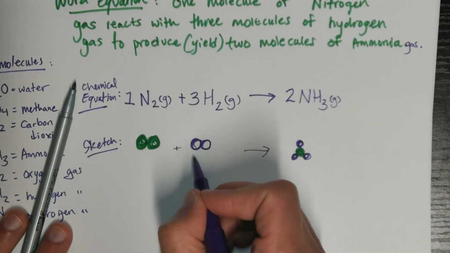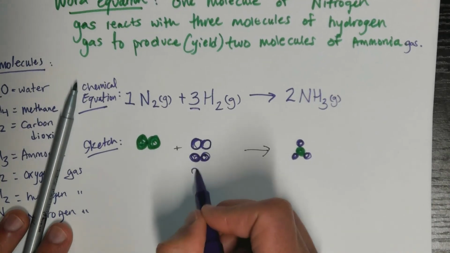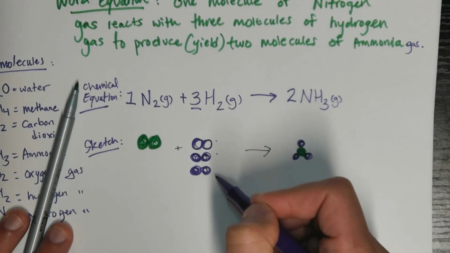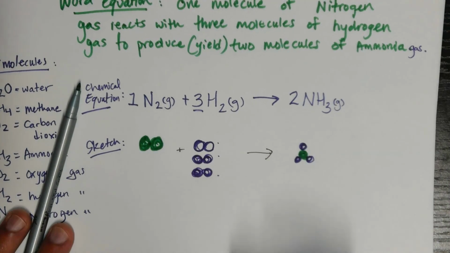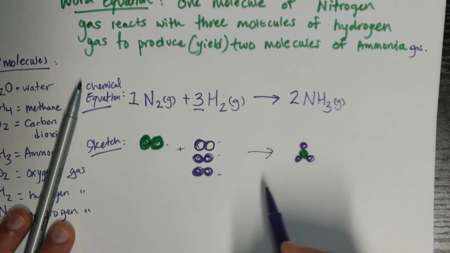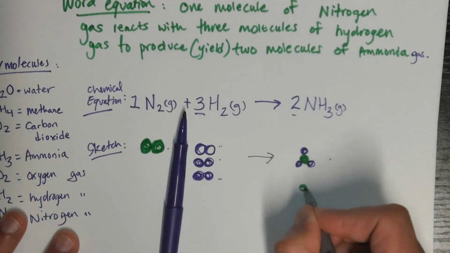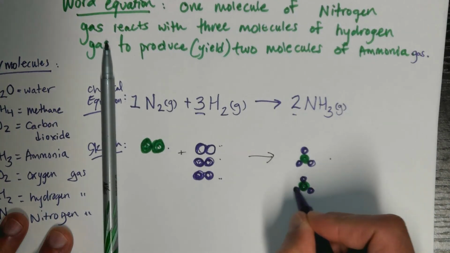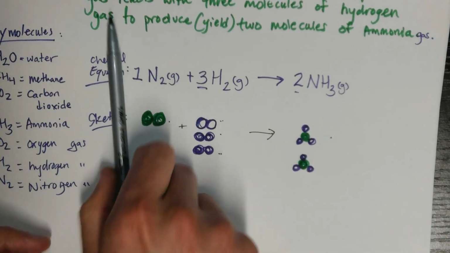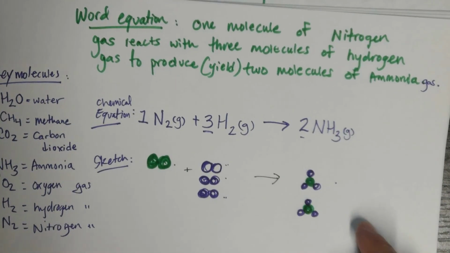Well, first I'm going to do the 3 hydrogens. 1, 2, 3. There we go. So I've got my 1 nitrogen, my 3 hydrogens, and I need to do another ammonia. And there we go. This is a balanced equation that's sketched out and based off of a word equation.